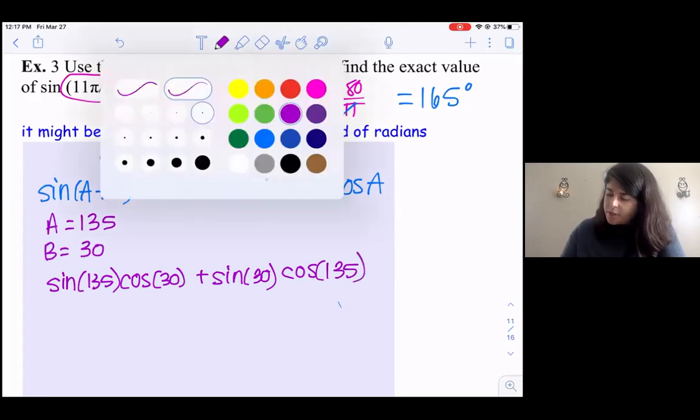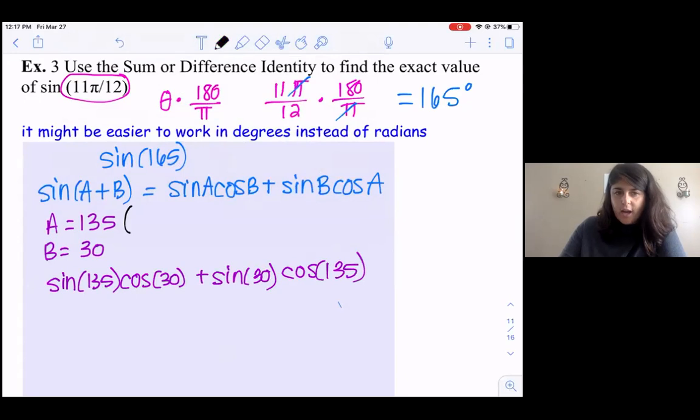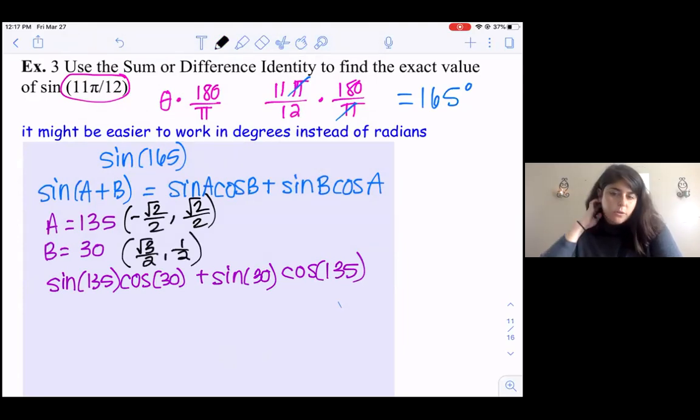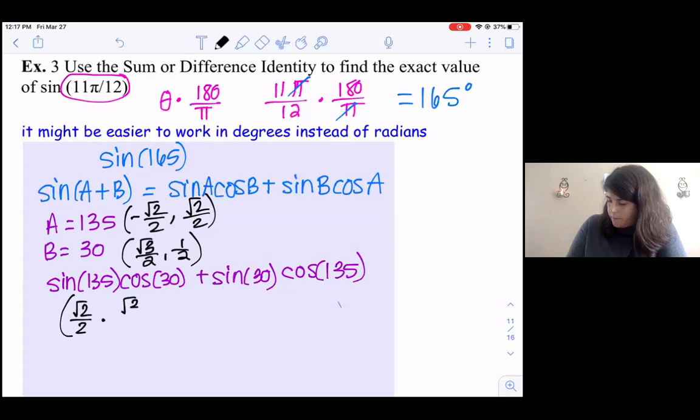Again, sine is your y, cosine is your x, and I'm finding the coordinates of these 2 points on my unit circle. I'm not making these up. These are all coordinates from the unit circle. Sine of 135 is my y coordinate, and cosine of 30 is my x coordinate.